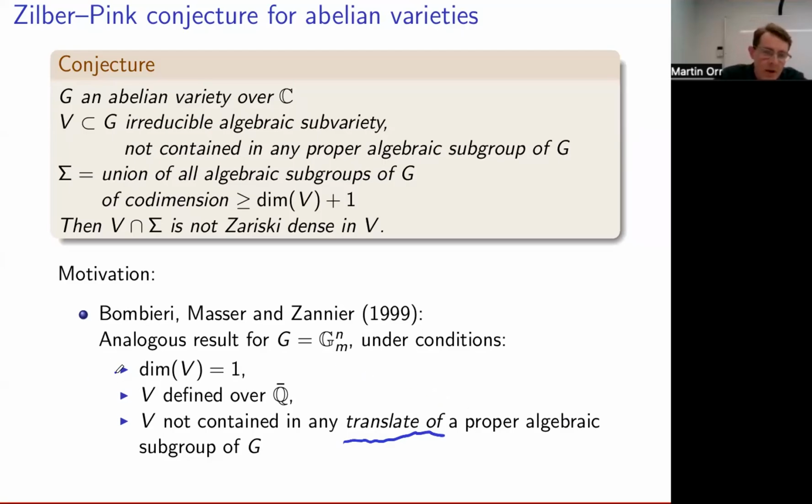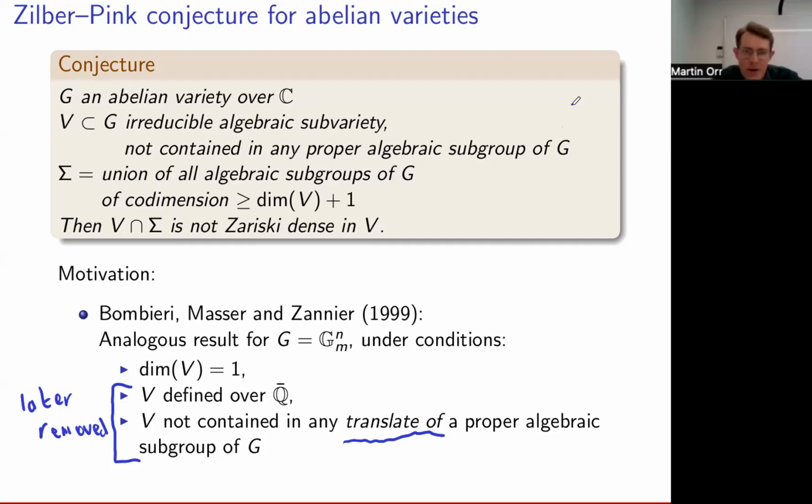And later on, these latter two conditions were removed. That was due to Bombieri, Masser, and Zannier again for removing the defined over Q bar condition, and due to Maurin for removing this not contained in a translate of a proper algebraic subgroup condition.